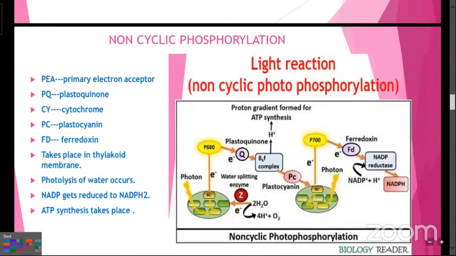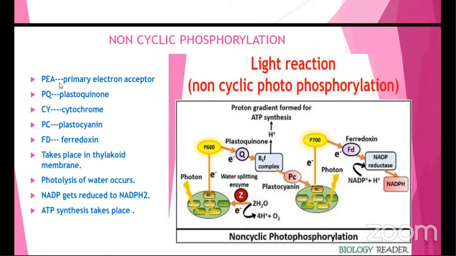Here is the non-cyclic photophosphorylation cycle. First of all, let me introduce the abbreviations which will come in this cycle. While explaining this cycle, all these terminologies are used. So first one is PEA. What does that mean? That means primary electron acceptor. Then second is PQ. What is PQ?